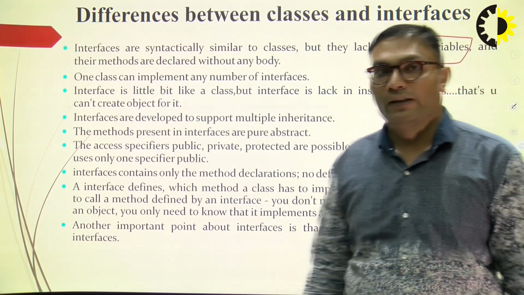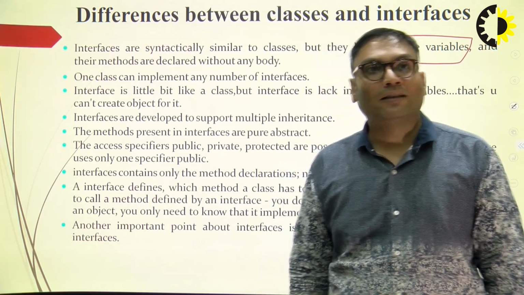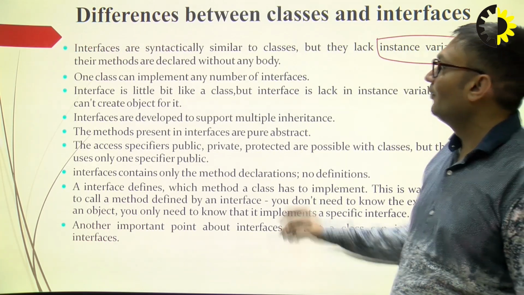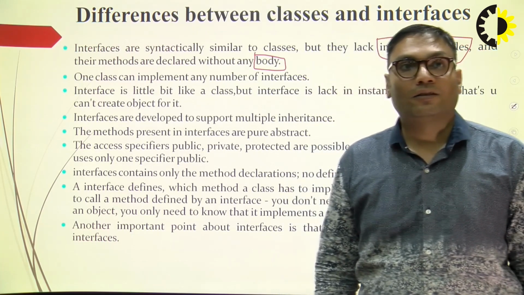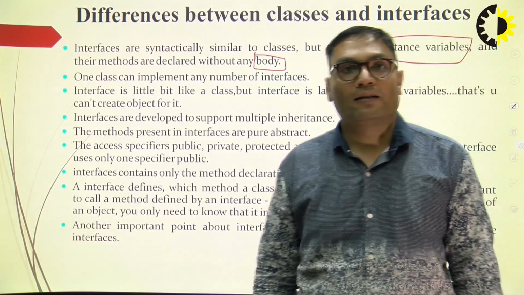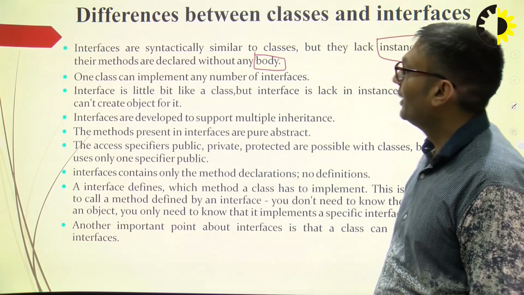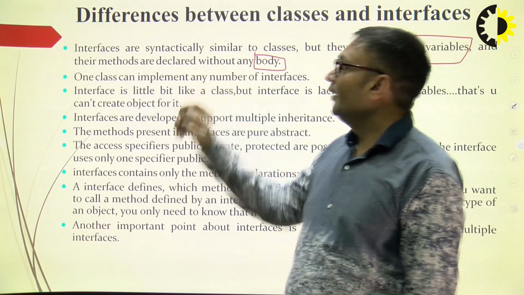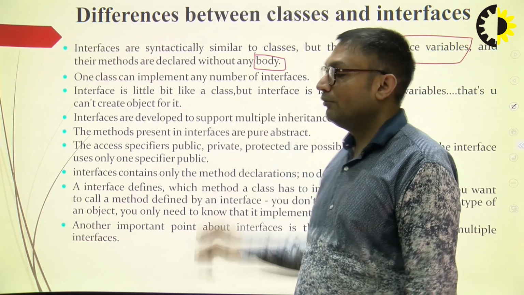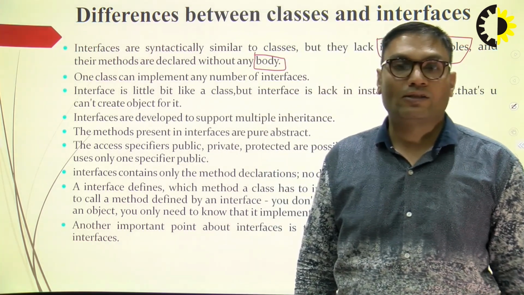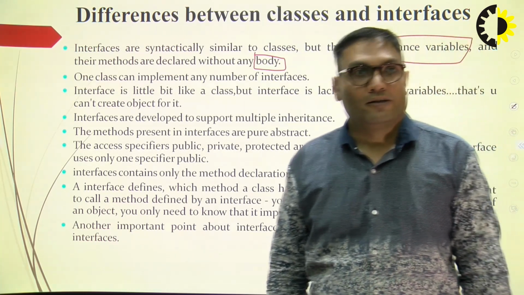So in an interface, we will not have instance variables, and the methods are declared inside the interface without any body. But in a class, methods have a body and have instance variables as well. So this is the main difference between an interface and a class. A class can have instance variables and methods with body, but an interface can't.